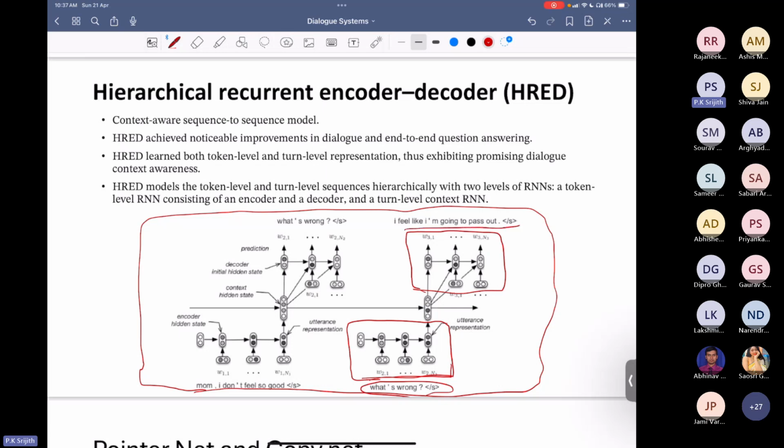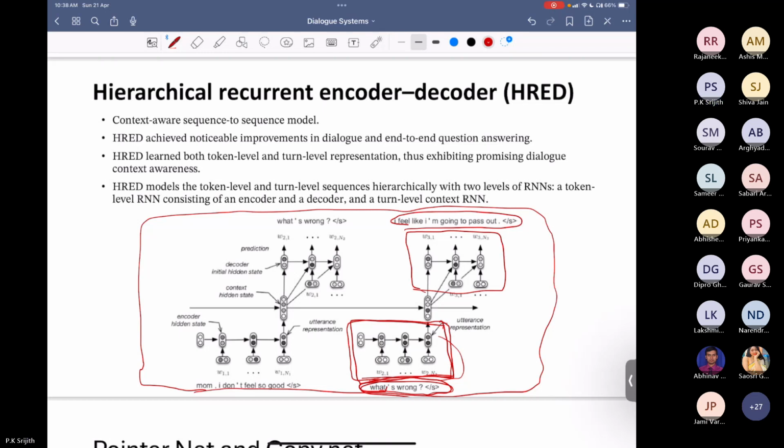The generation of this output can be done just by considering this input alone, without considering any dependence on the past, and one can just use an encoder like this, which maps this input message into some hidden representation, and then use that to produce the output.